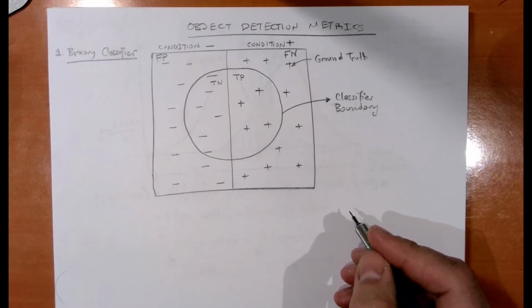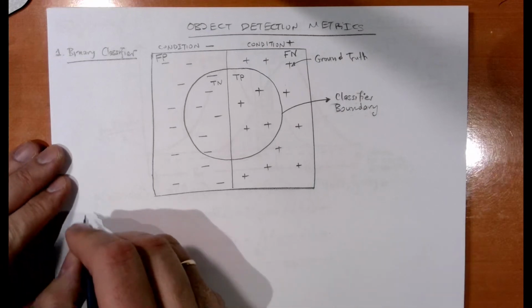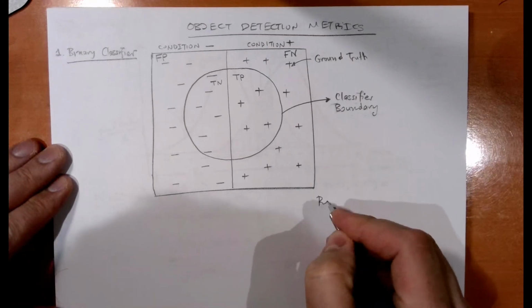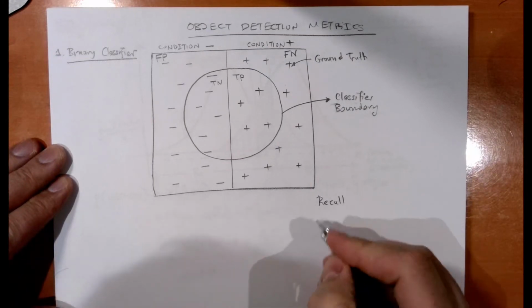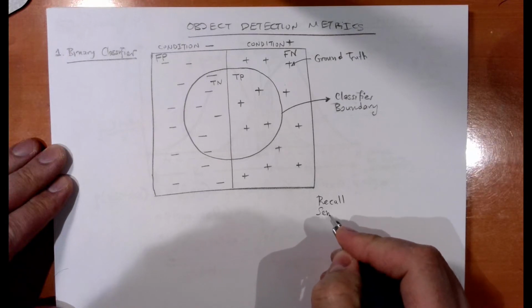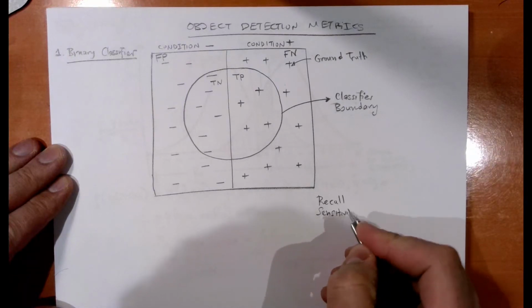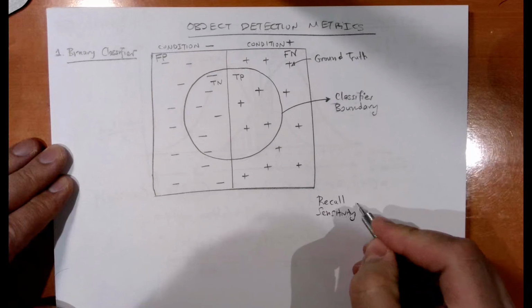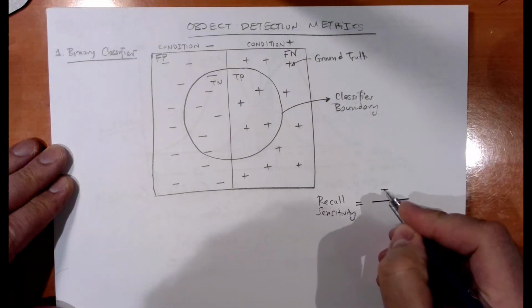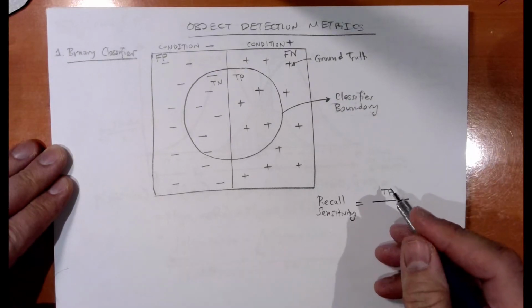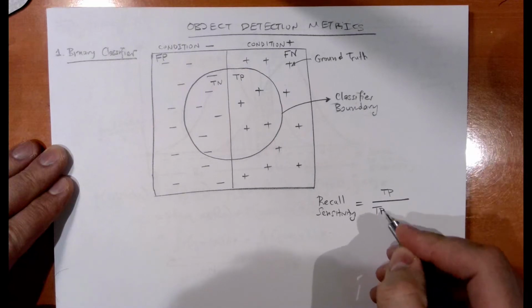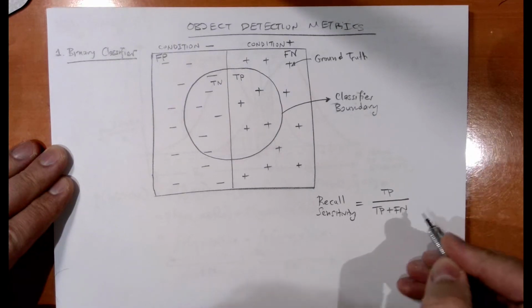The first ratio is called recall, and I'm going to mention it over here. Recall, also known as sensitivity, is the ratio of true positives divided by true positives plus false negatives.